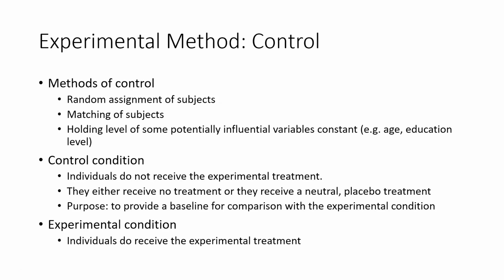One way that you can control things is to randomly assign your subjects to conditions. I briefly described that before: if you take people and you decide by, say, flip of the coin whether they're going to be in the counting money group or in the counting paper group, then you're going to average out the characteristics of the people so that you don't end up with a whole bunch of men in one group and a whole bunch of women in the other, or a whole bunch of strong, tough people and a whole bunch of wusses in the other.